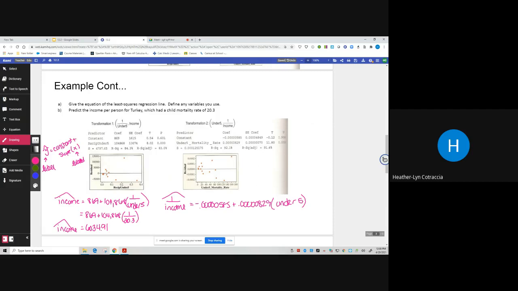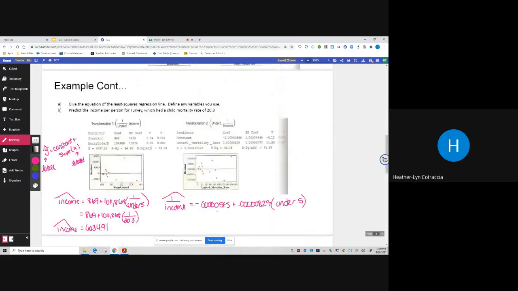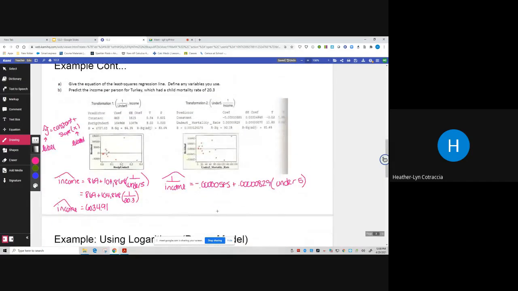So if you think back to that slide we were just talking about, the first one, what I did was I did 1 over the mortality rate, left the income. The second one I did 1 over the income and left the mortality rate. So now we're going to plug in the 20.3, so that'll be equal to negative 0.00000585 plus 0.00000829, and that's times the 20.3.